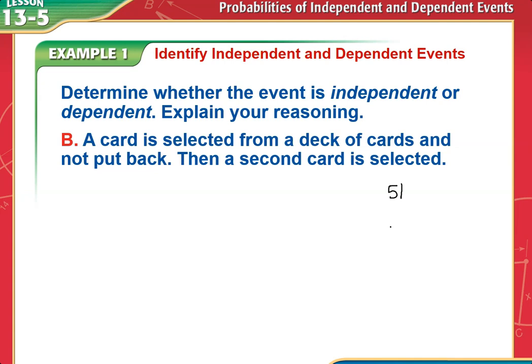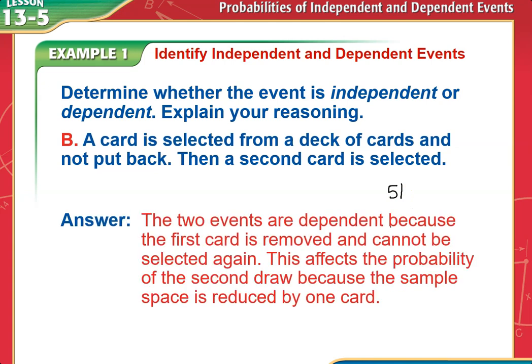So these two events are dependent, because the first card is removed and cannot be selected again, and this affects the probability of the second draw because the sample space is reduced by one card, from 52 cards down to 51 cards.